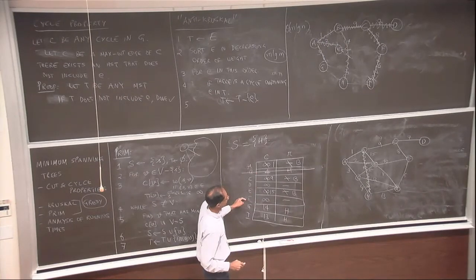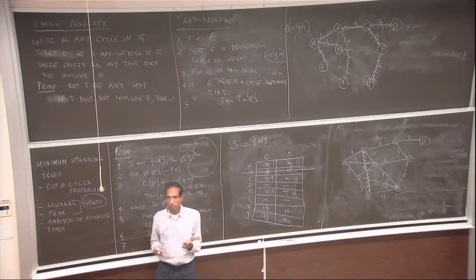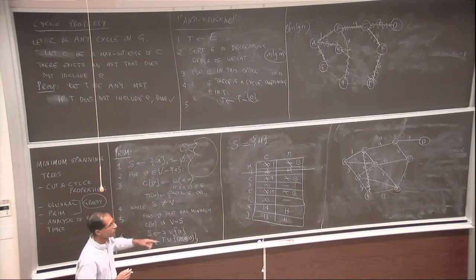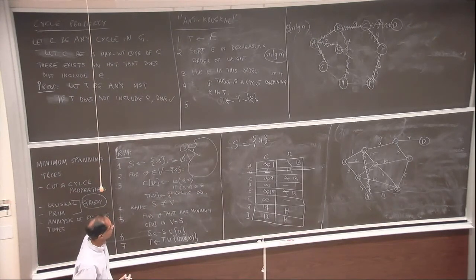B to, is there anything else? That's it. And B to H, we don't need to do anything about this. Okay? So that's our new table. Okay? So let's keep on going.